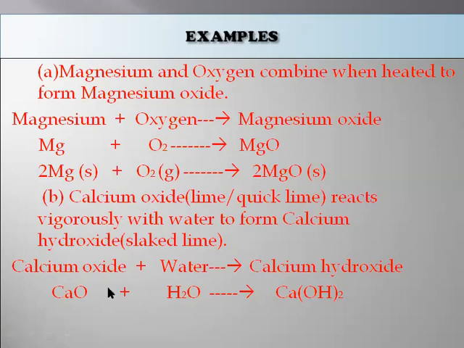CaO plus H2O gives, showing by an arrow, Ca(OH)2. Since each and every element has an equal number of atoms on the reactant and product side, as calcium atom only 1, oxygen atoms are 2, hydrogen atoms also 2, this formula equation is also a balanced equation.